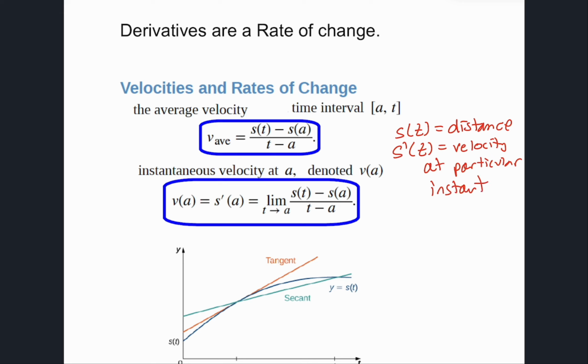Okay, so remember the difference between the two. Average velocity is just a secant slope. Instantaneous velocity is a tangent.